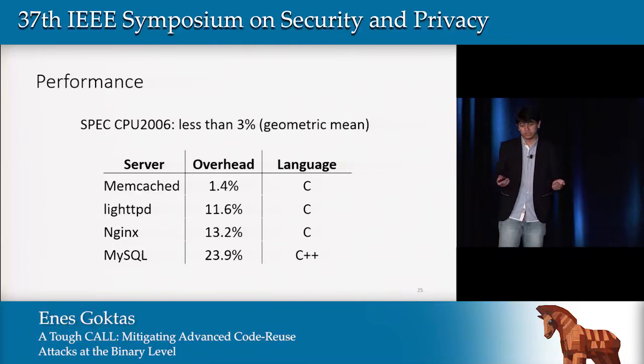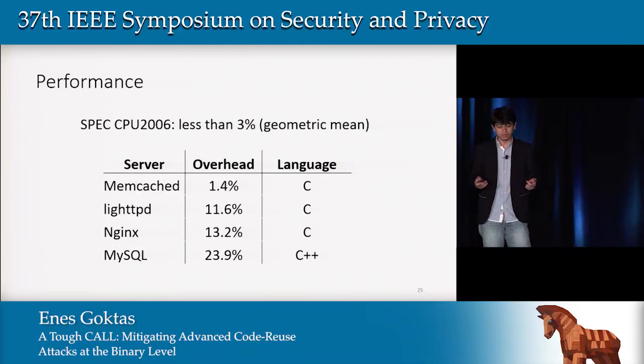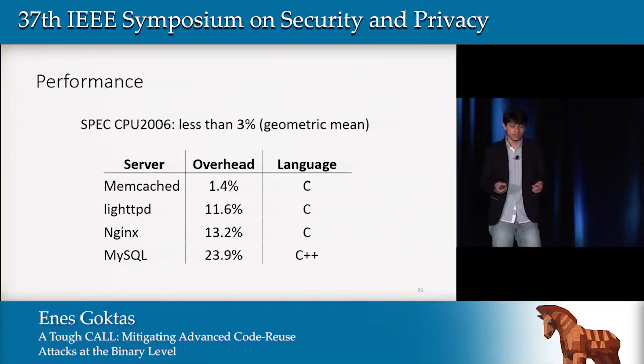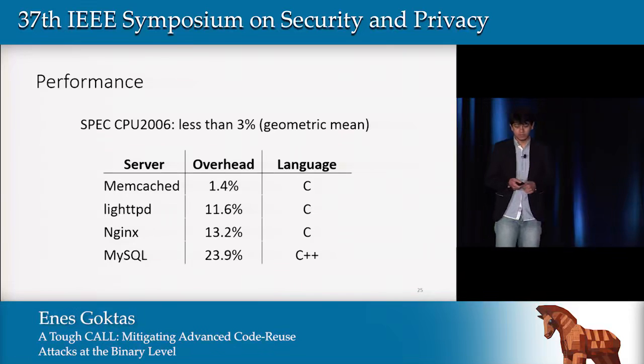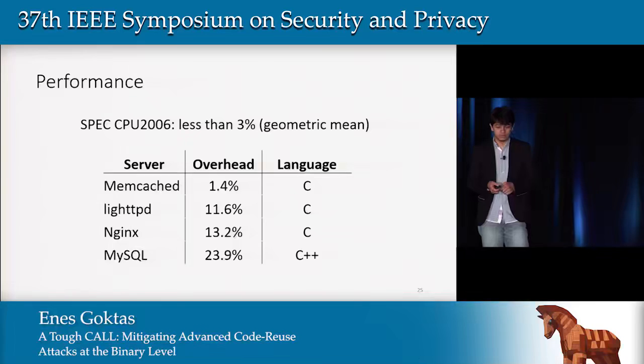Improved security can give quite some performance overhead. We saw in MySQL, which is our worst-case performance overhead and is in C++, an overhead of 24%, but the others had far less. And we think that MySQL executes an immense amount of indirect calls in its critical path.